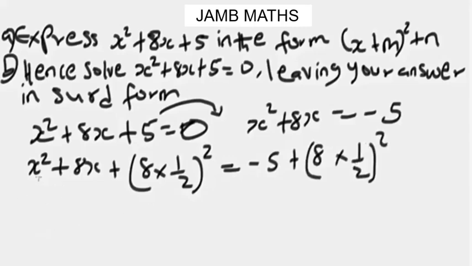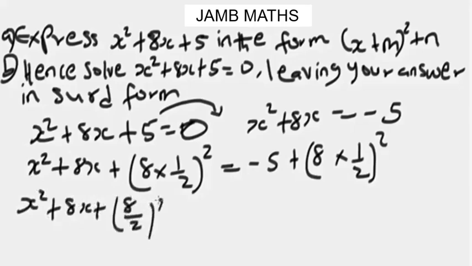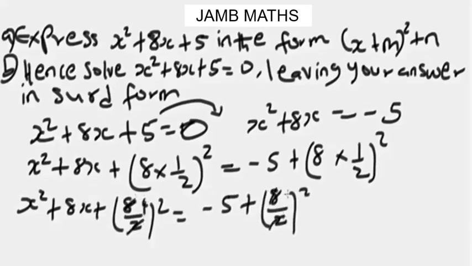So when you break this down, you're going to have x squared plus 8x plus (8 over 2) squared equals minus 5 plus (8 over 2) squared. So we cancel this. We have 4 here, we have 4 here.